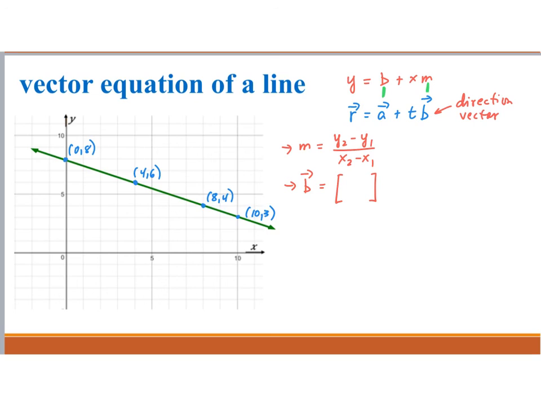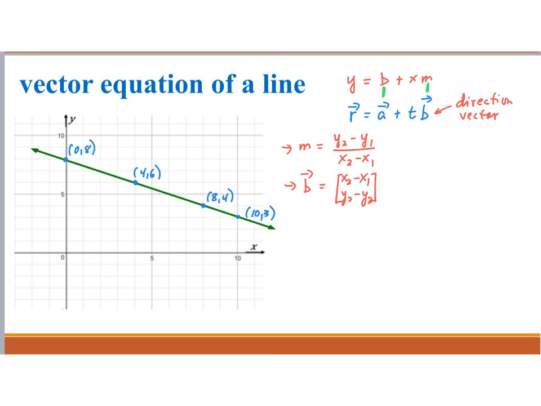You just get the differences between the coordinates, only that you start with the x coordinates. The x component will be the difference in the x coordinates, and the y component will be the difference between the y coordinates. So it's very similar. It's sort of just inverted: the slope is a fraction, the direction vector is a vector.